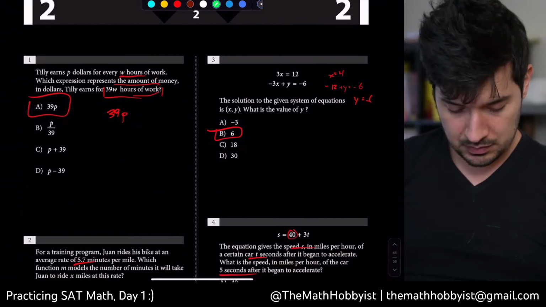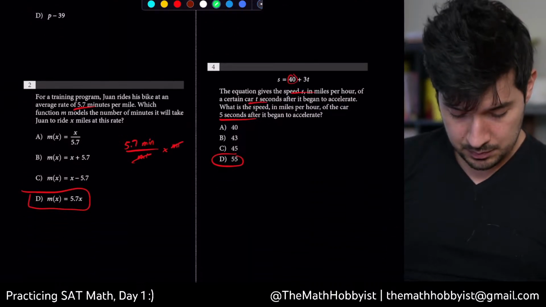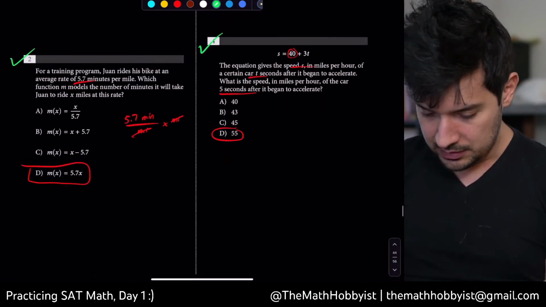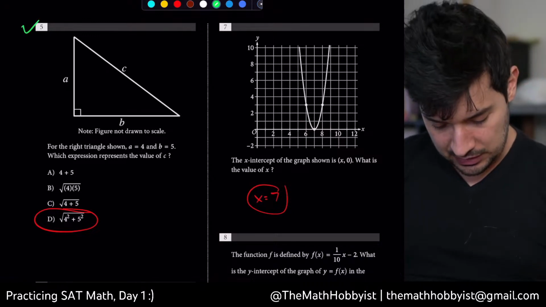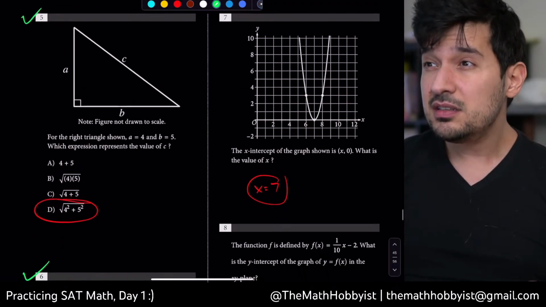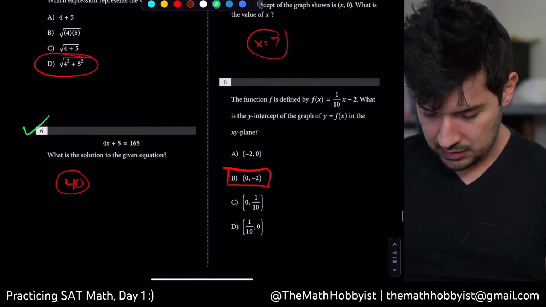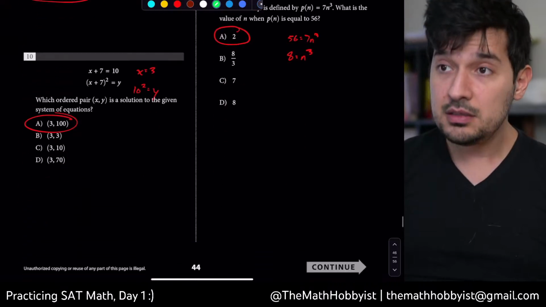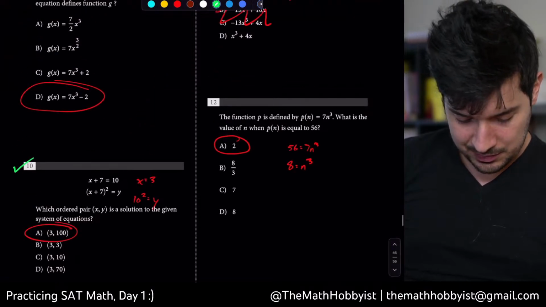A. D, B, D. D, 40. No. Oh, yeah, 40. All right. 7, B, D. Number 10. Come on, y'all.